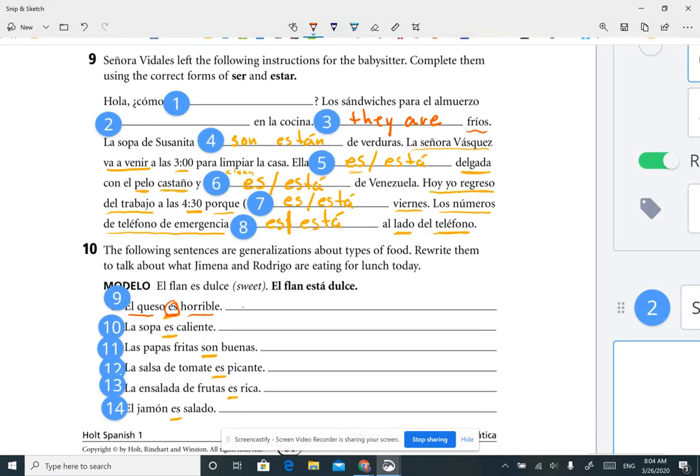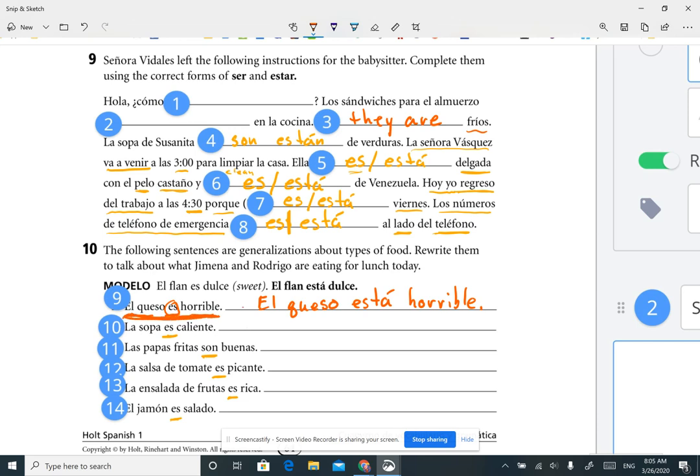So we're going to write, and the answer would be el queso, and instead of es, we're going to say está horrible. In English, these would translate the same: the cheese is horrible, the cheese is horrible. But the meaning in Spanish is different. This is saying the cheese is horrible, like this specific cheese at this specific time, where this one over here is saying that cheese in general is just horrible.